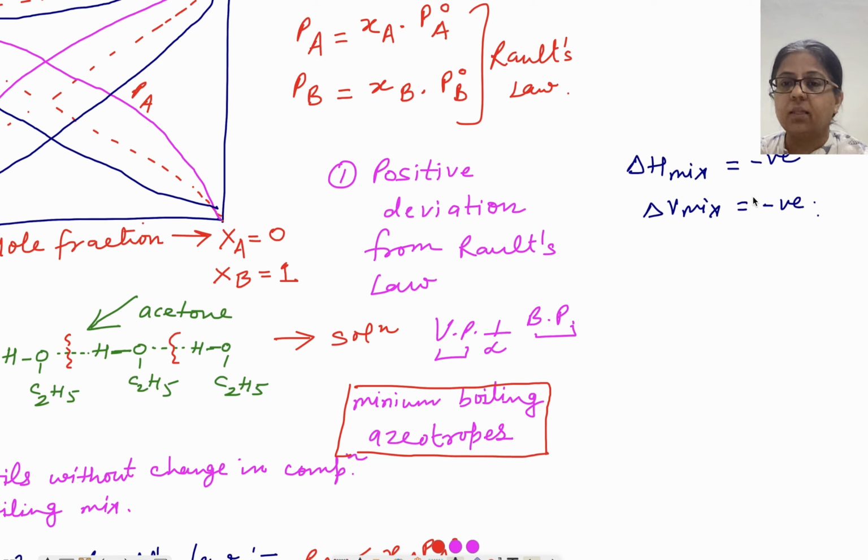This means that there will be a contraction in the volume. And delta H mixing is also negative. So the interaction between the components is greater than in the pure components. In case of negative solution and in case of positive deviation from Raoult's law, the interaction between the components is less than in the pure components.